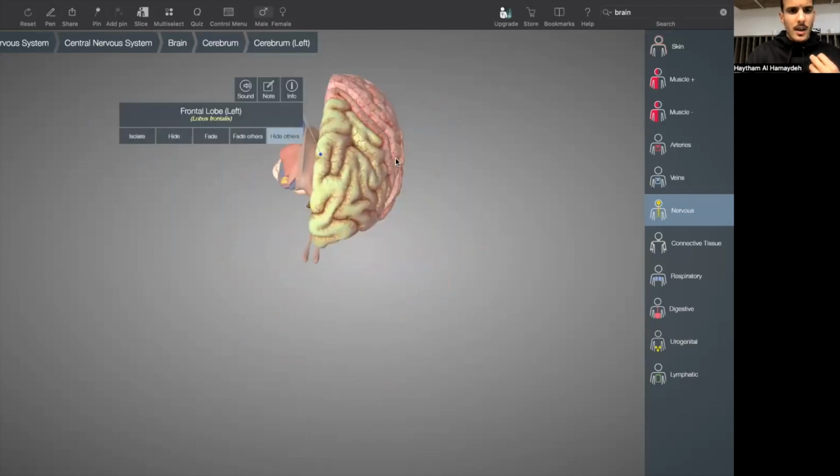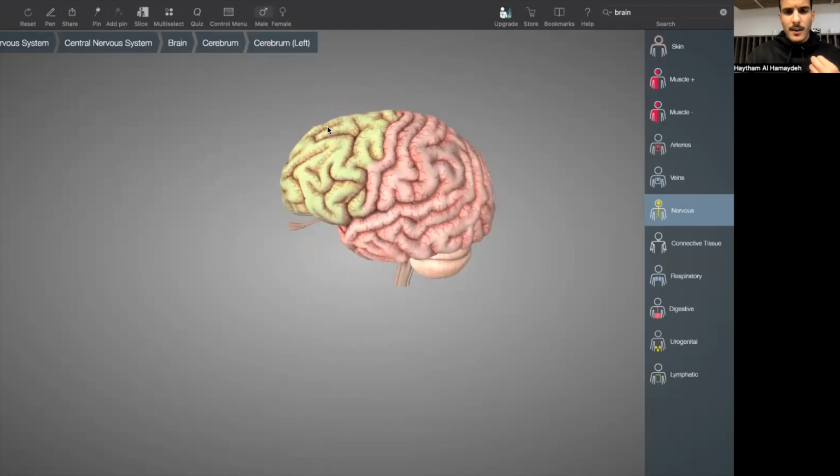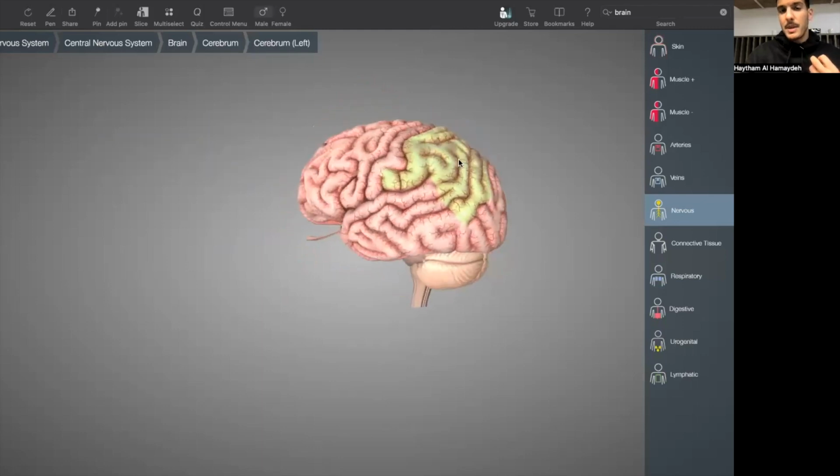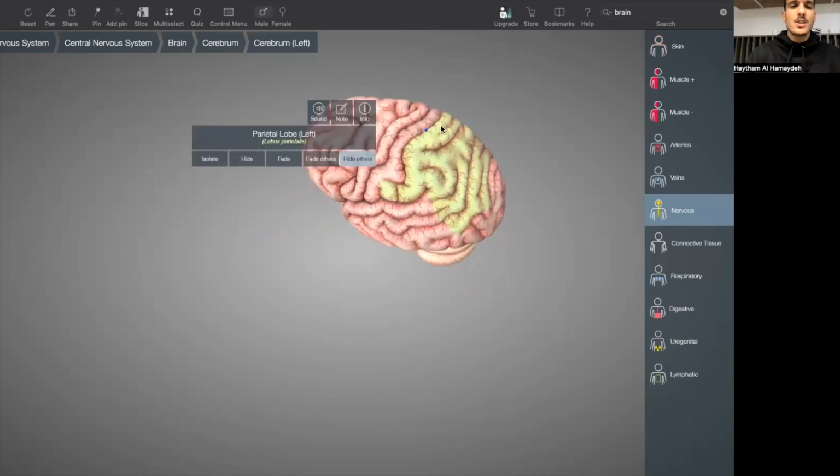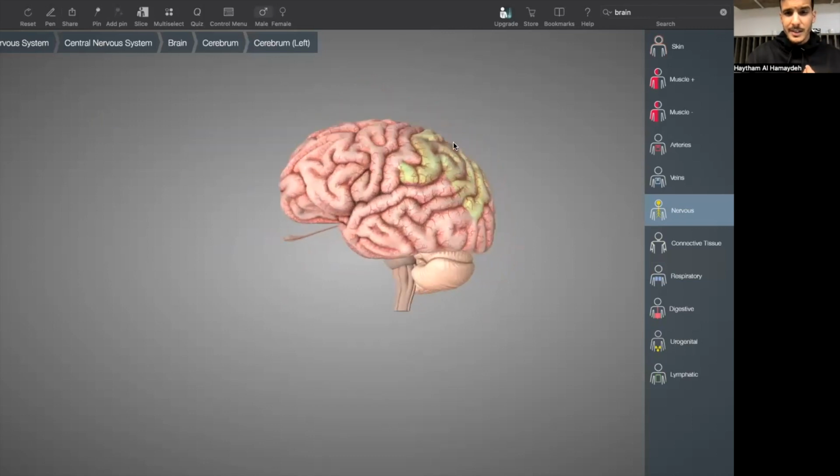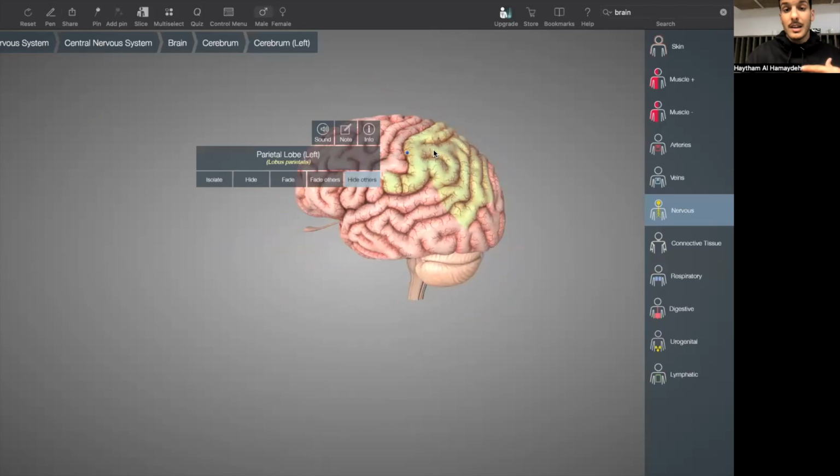Okay, and then you have the parietal lobe just behind the frontal lobe. Just quickly to tell you some important facts here: the frontal lobe is separated from the parietal lobe by the central sulcus. Everything that lies around this sulcus is named in relation to it.